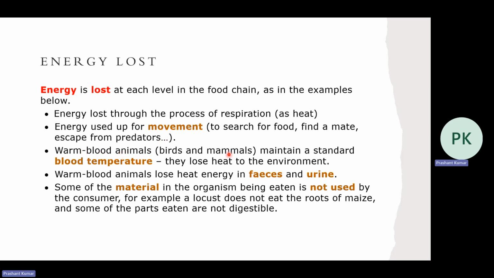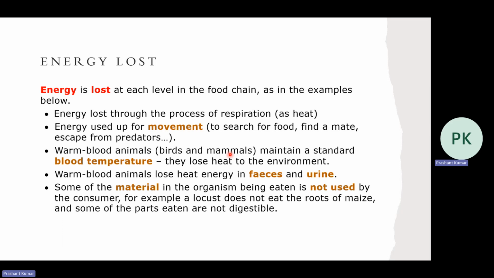Warm-blooded animals like birds and mammals have to maintain their body temperature. To maintain the body temperature, they lose heat energy to the environment. Our body temperature doesn't change according to the surroundings; we are warm-blooded animals.